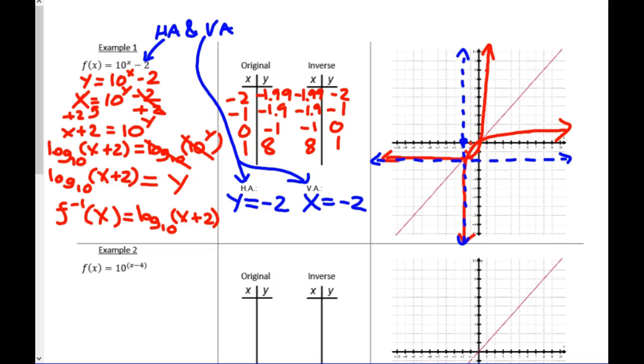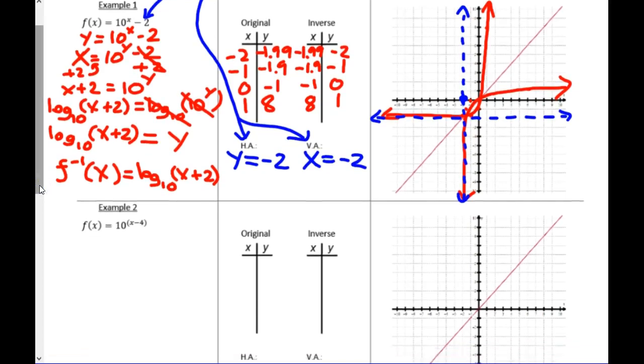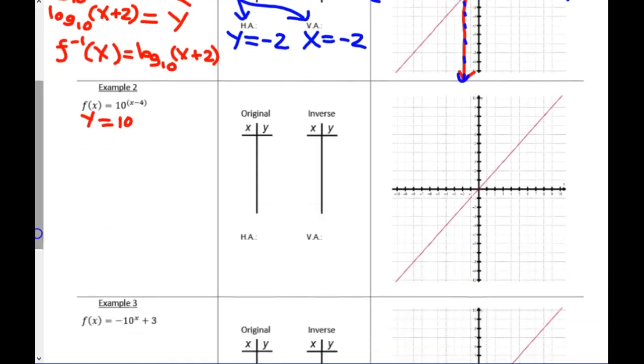Now, example 2, same idea. We're going to substitute y, switch the order, and all that good stuff. So let's do that. So this becomes y equals 10 to the x minus 4 on top. And then what happens with x and y? What do we do with x and y? Switch the order.